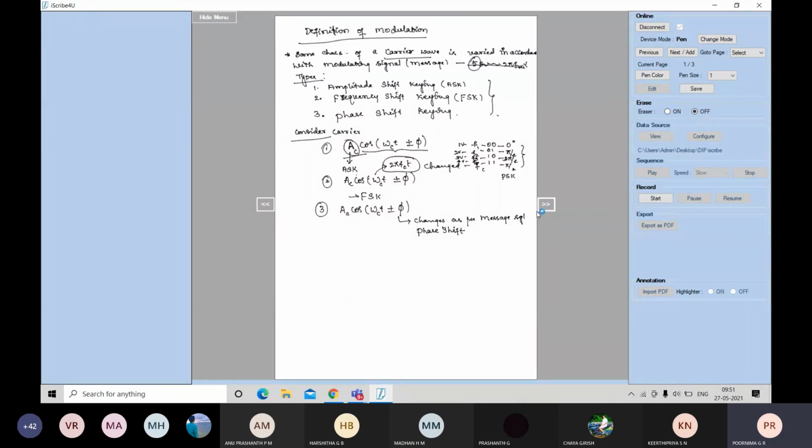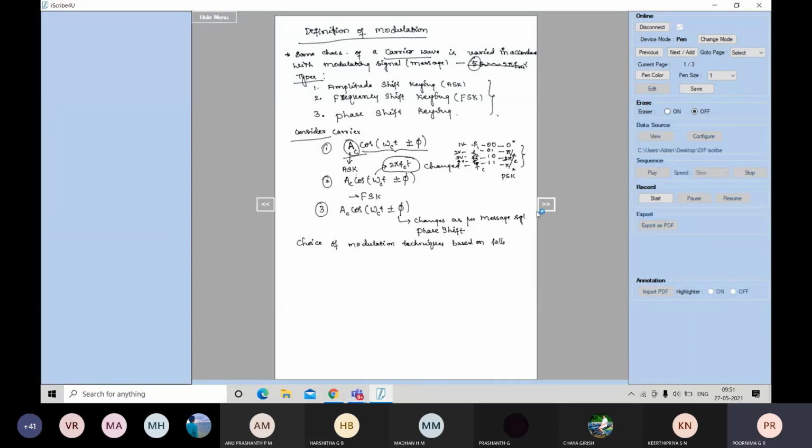Now, before we discuss any of the modulation techniques in detail, we have to know the choice of modulation techniques, because many modulation techniques are available. Choice of modulation technique is based on what characteristics?